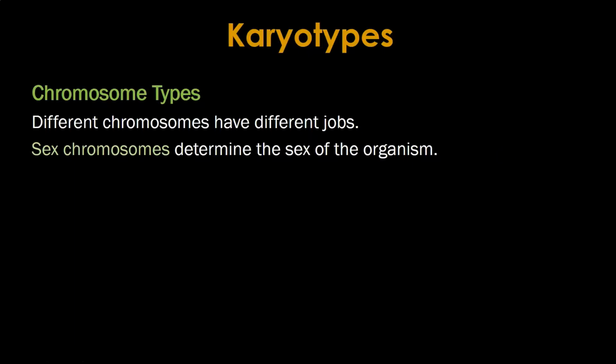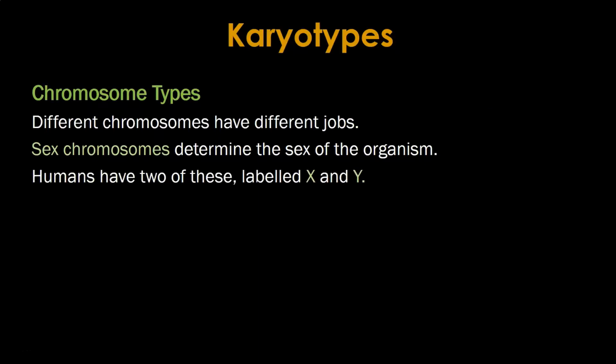Well, there are a couple of chromosomes which have the job of giving the organism its sex, making it a boy or a girl. Humans have two kinds of sex chromosomes, and I'm sure most of you have heard of the X and the Y chromosome.